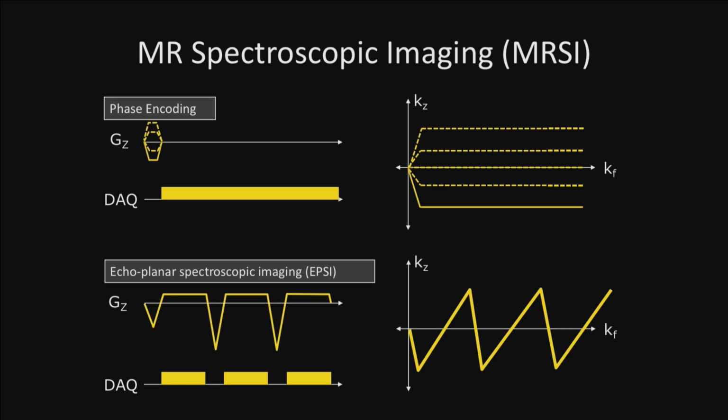With this framework in mind, there's the most basic spectroscopic imaging experiment. I'm showing this in a 1D spatial case, but we could do more. We take this concept of phase encoding and apply it before our data acquisition.